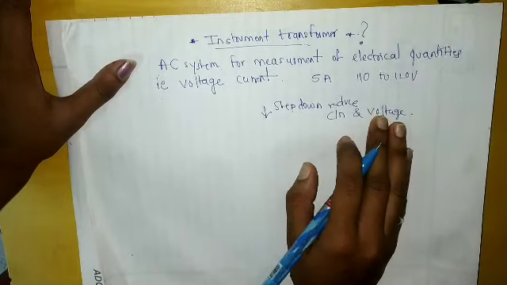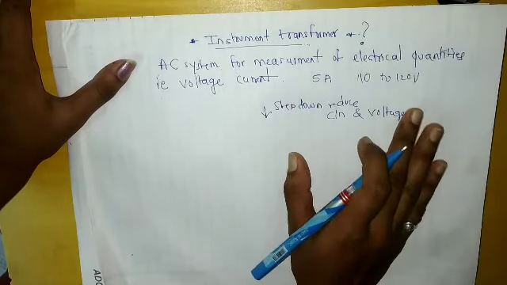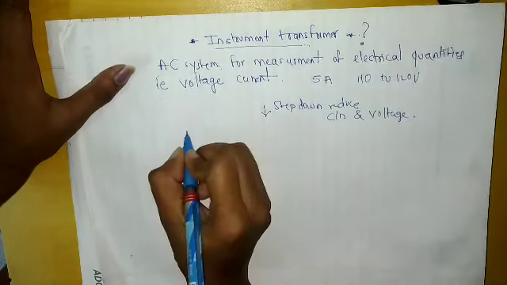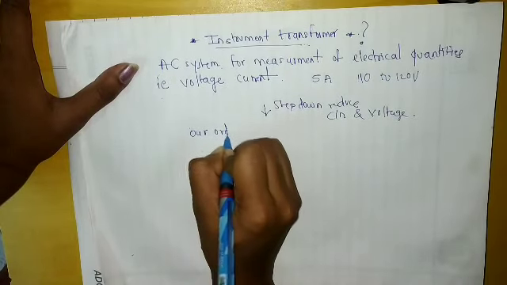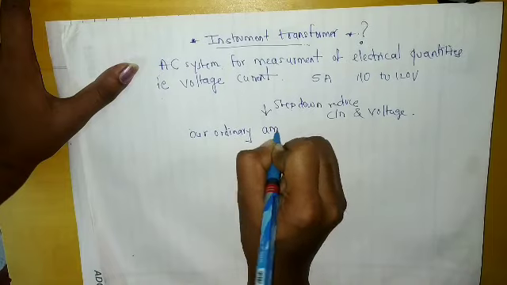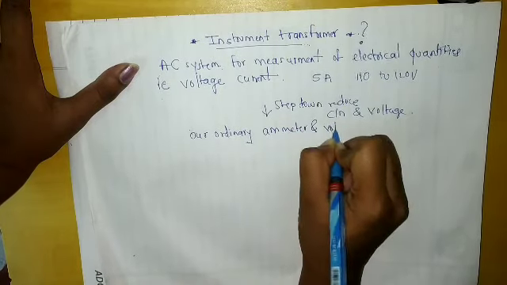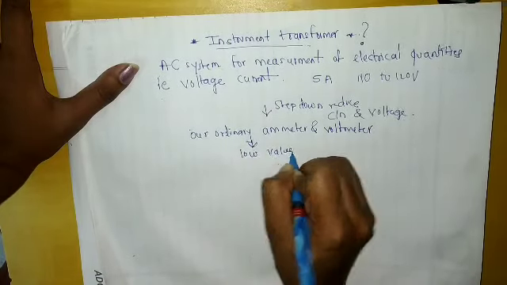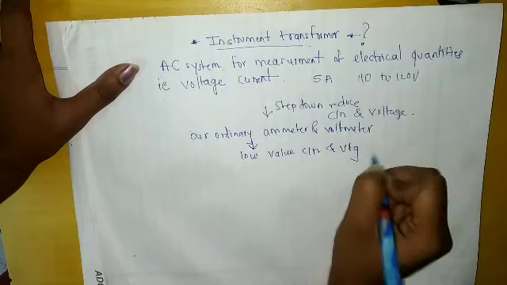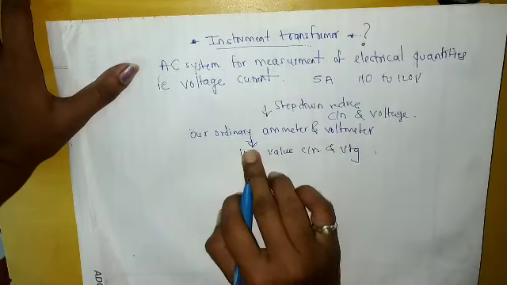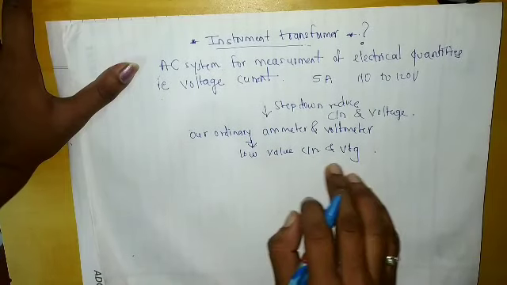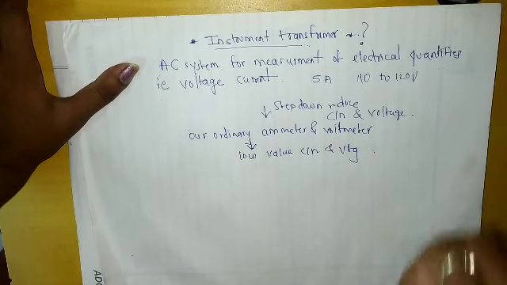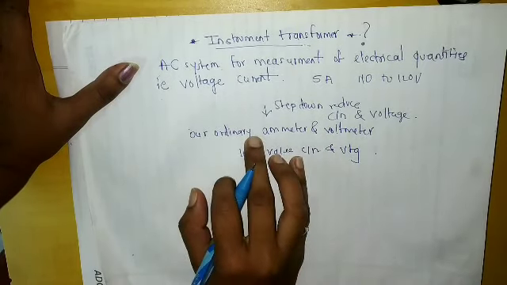Our ordinary ammeters and voltmeters are used to measure low value current and voltage, right? But if you want to measure high value of current and high voltage, we cannot measure it by our ordinary ammeter, right?